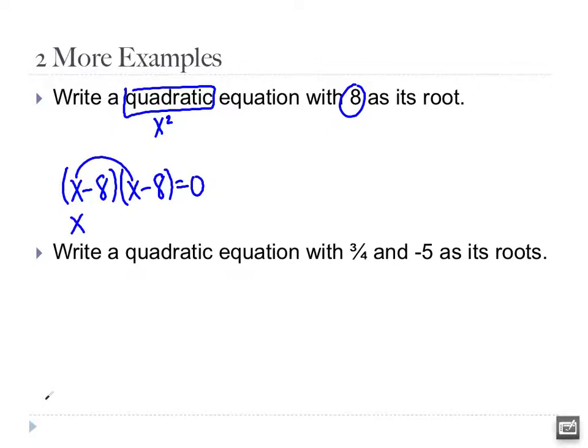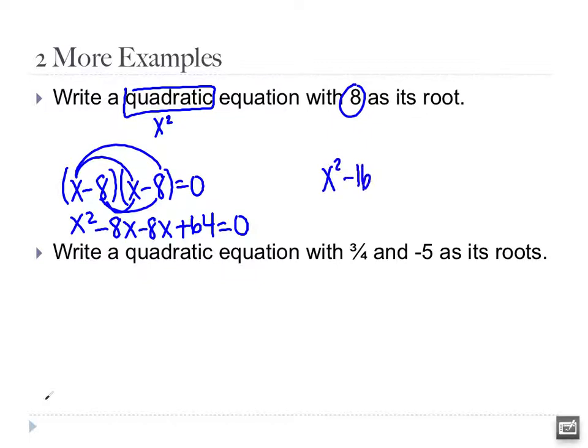So multiply, we get x², subtract 8x, subtract 8x again, add 64. Combining like terms, the final equation becomes x² - 16x + 64, and then remember to set it equal to y.